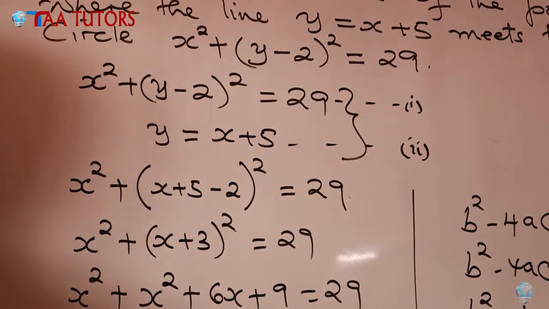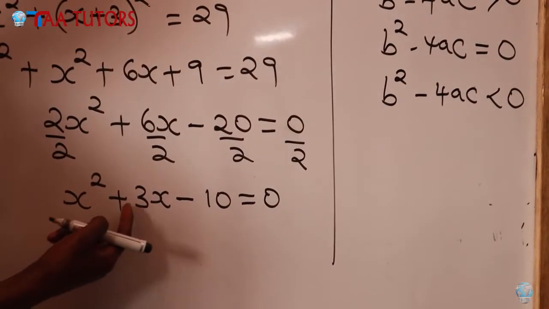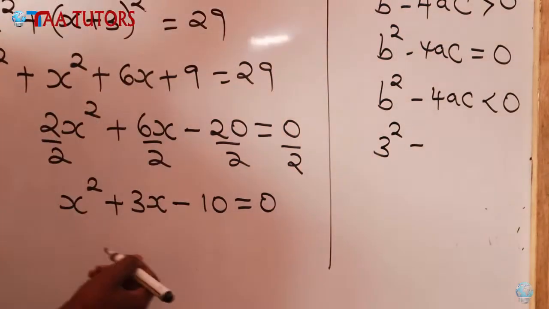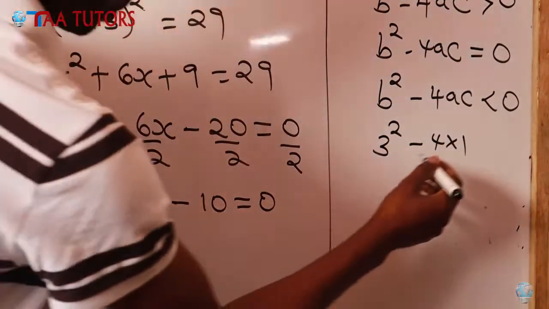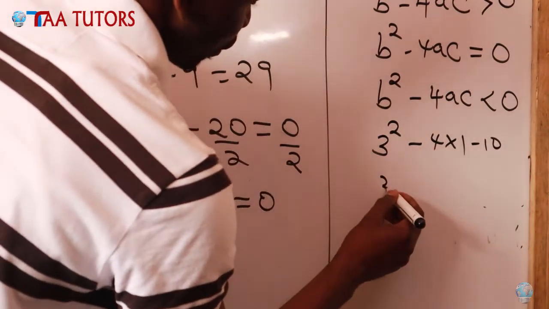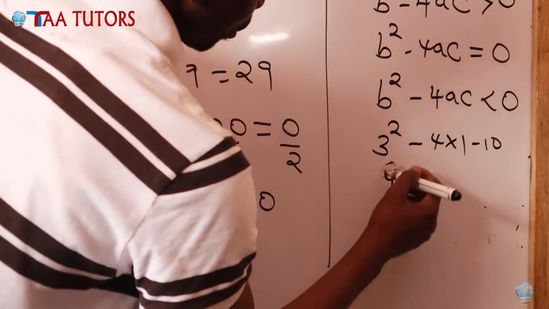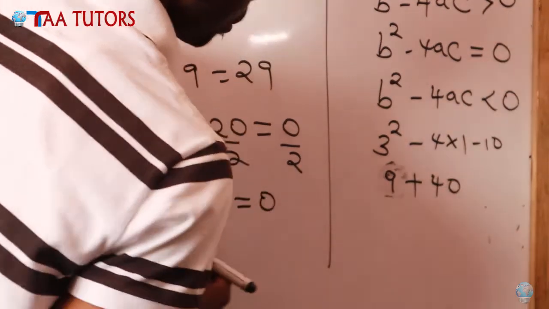Now let's find out what the discriminant will be. In this case, b squared is 3 squared, minus 4 times a, which is 1, times c, which is negative 10. So we have 3 squared, which is 9, plus, because negative 4 times negative 10 is 40, plus 40.